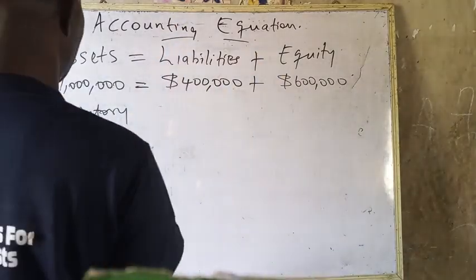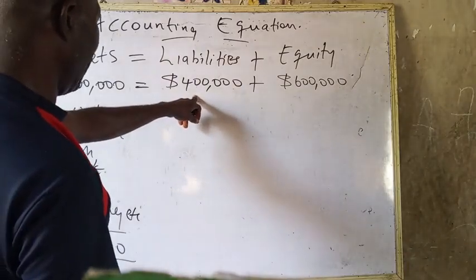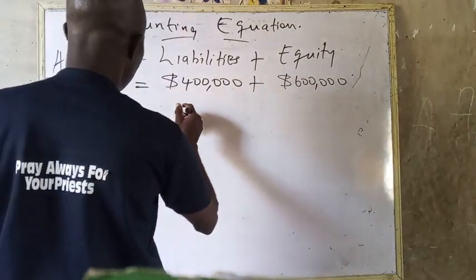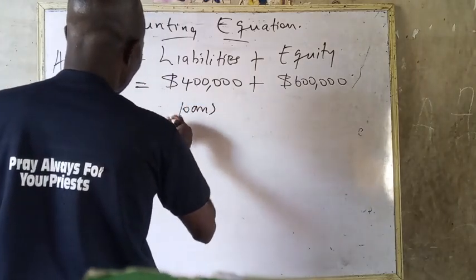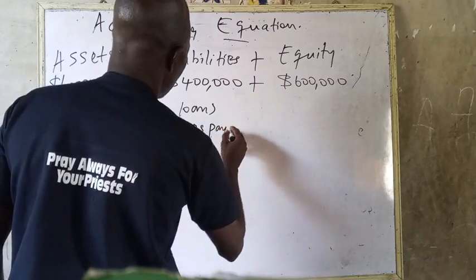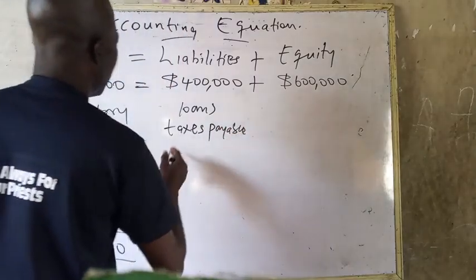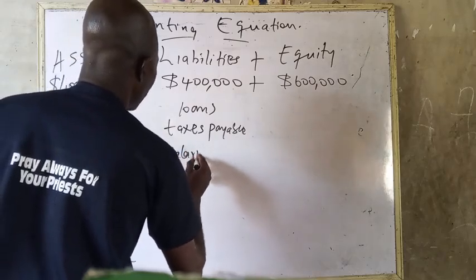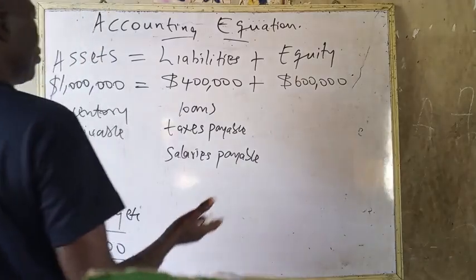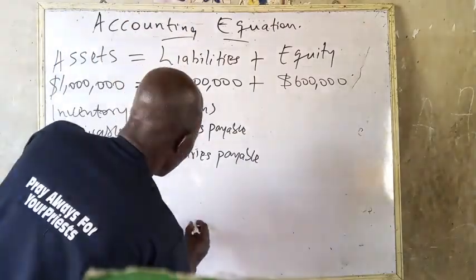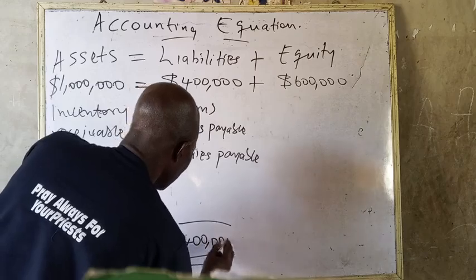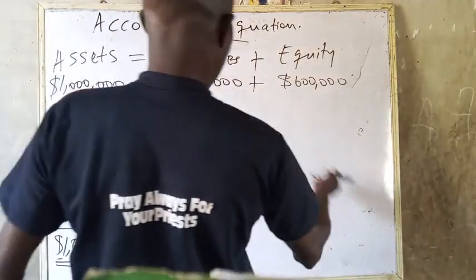And what is the value of our liabilities? The value of liabilities is $400,000. And examples of liabilities are what? We said, for example, loans, taxes payable, salary payables, and so on and so forth. So the total is $400,000. That means the remainder is going to be what?